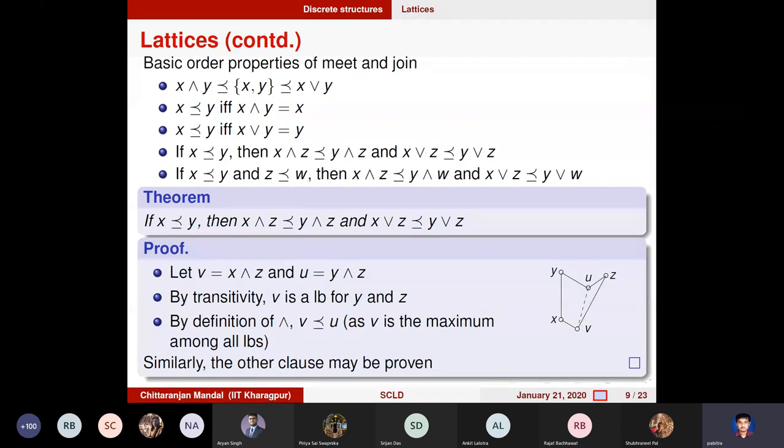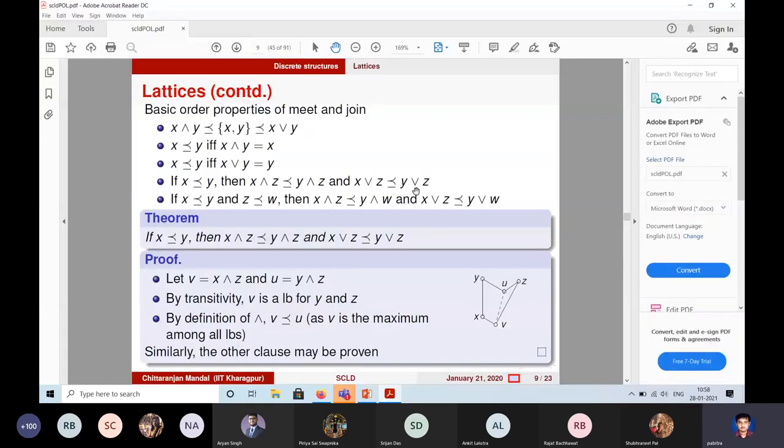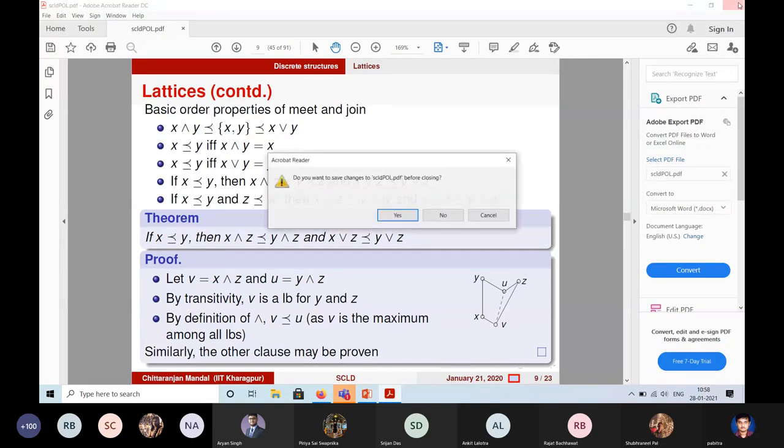So the logic gates that we talked about are nothing but some kind of maximum and minimum operation on partially ordered sets, and that will later give us the algebra and other things. Okay, so let me stop here.